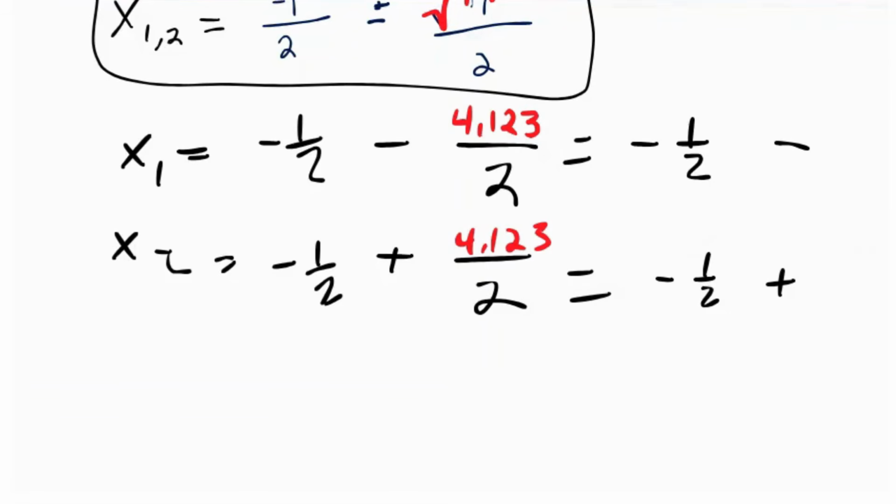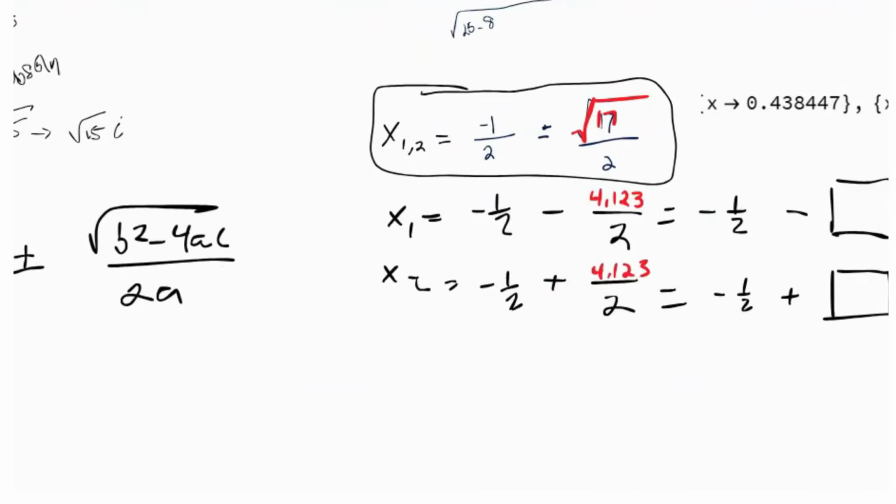Let me do 4.123 divided by 2. That is 2.0615. So we'll call it 2.062. No big deal, right?